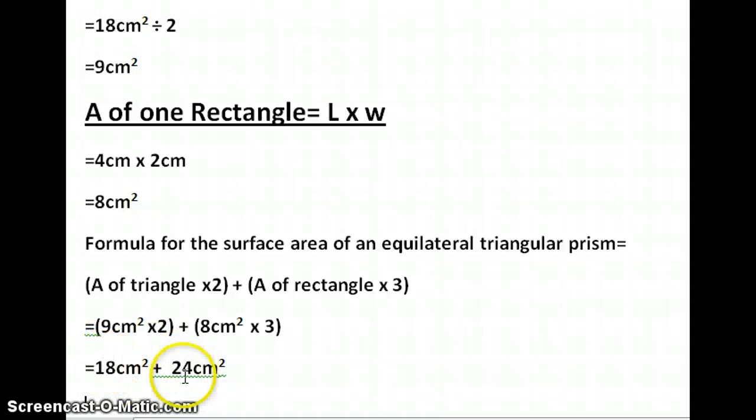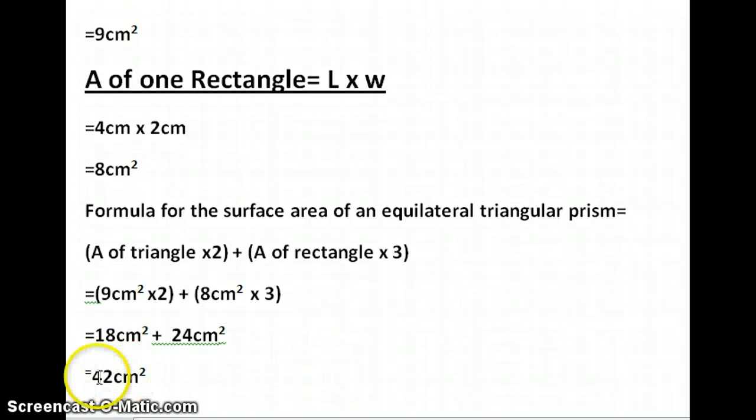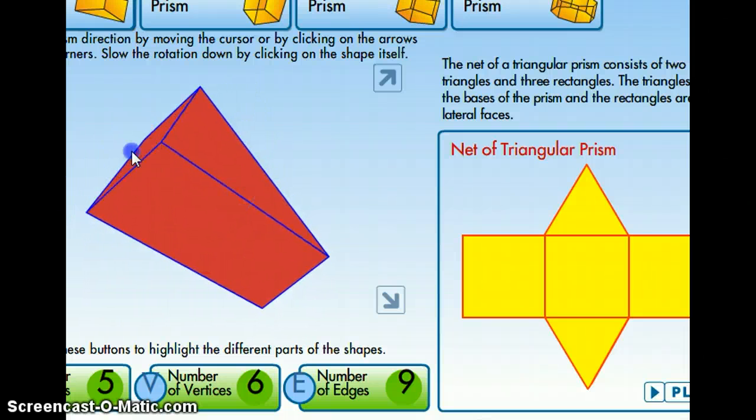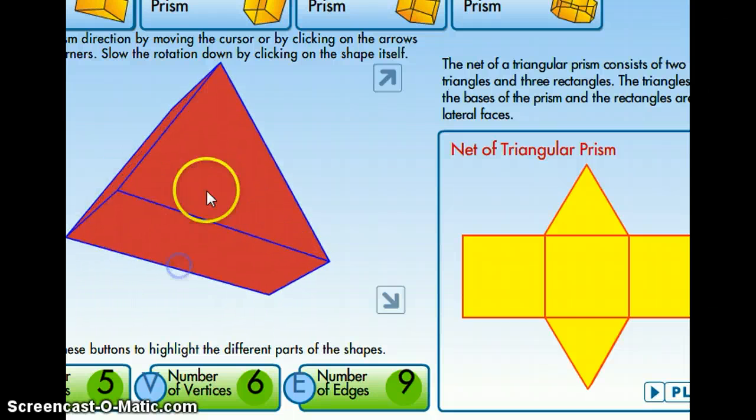Well, if this was 20, we would get 44, but it's 2 less than 20. So not 44, but 42. Good. 42 centimeters squared is what we end up with when we add up the areas of all the faces of this triangular prism. So the surface area of this triangular prism is 42 centimeters squared.